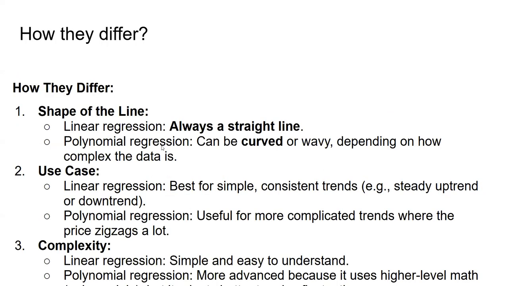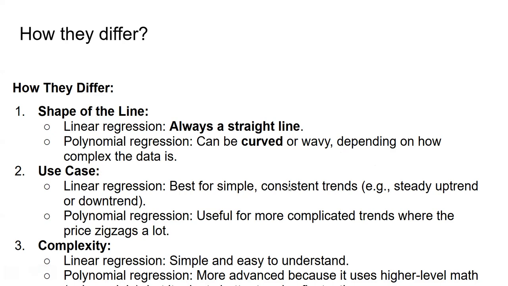So how does linear regression differ from polynomial regression? Shape of the line. Linear regression is always a straight line. Polynomial regression can be curved or wavy depending on how complex the data is. So, depending upon the data, it becomes curved and wavy. Linear regression is best for simple and consistent trends. For example, how many times you might have seen price start moving up and straight away it comes down.